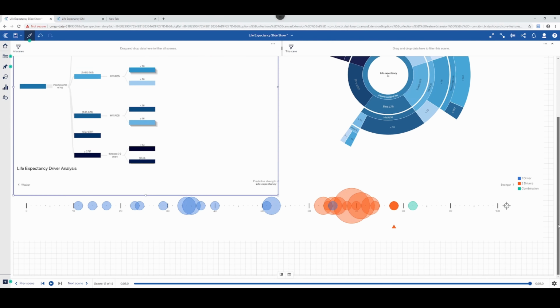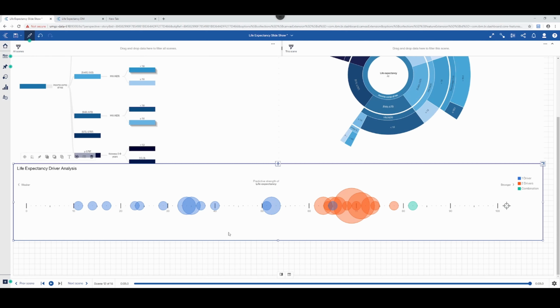And moving on to the driver analysis, we can see what combination of drivers has the strongest predictive strength. And then we have the strongest two drivers, combination of two drivers. And then we have others here.